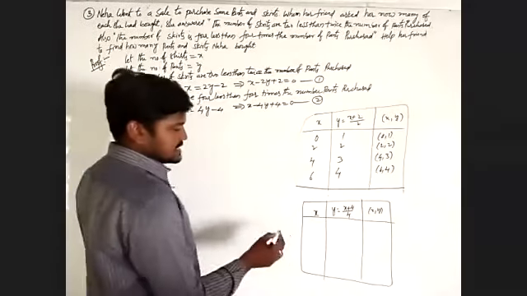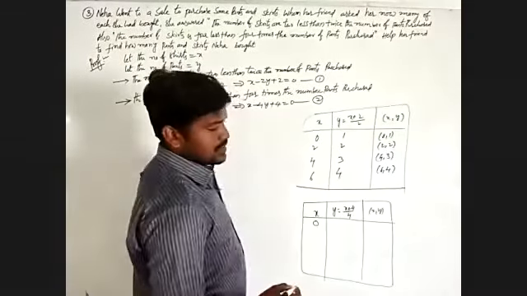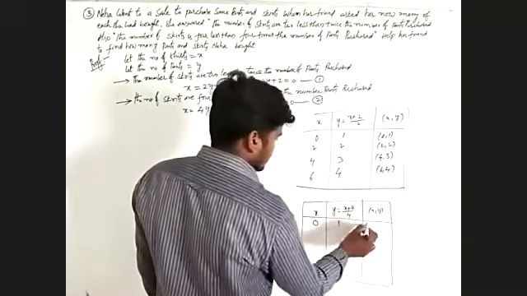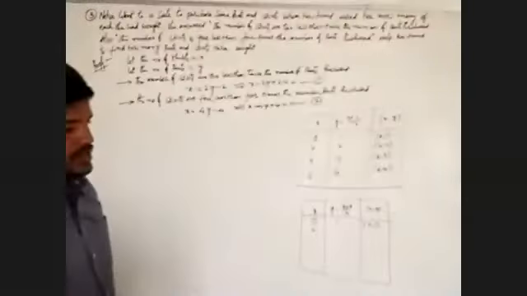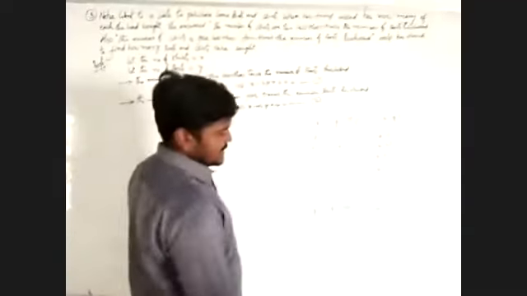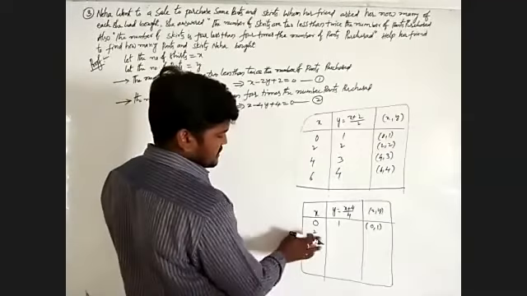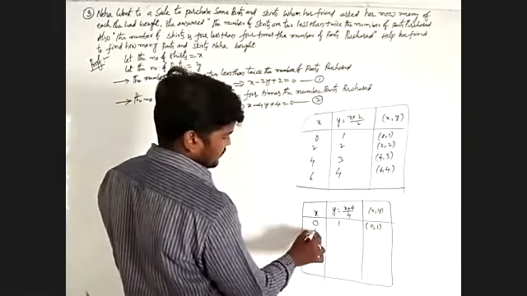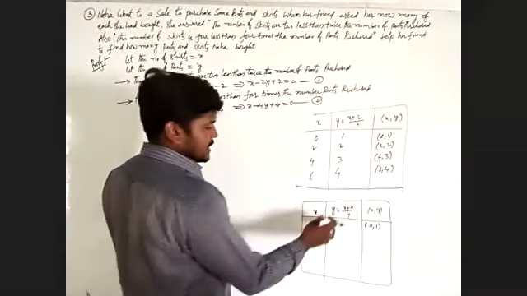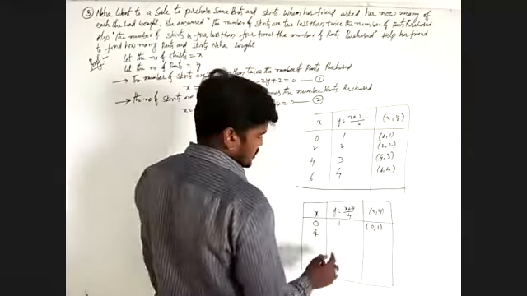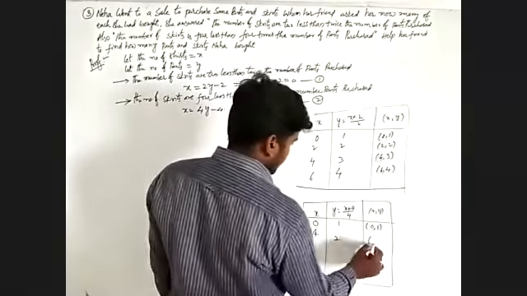There consider x is equal to 0. 0 plus 4 by 4 becomes 1. That we have to write as 0 comma 1. After that, x is equal to 2. 6 by 4 does not work, we have to take 4. 4 plus 4 is equal to 8. 8 by 4 becomes 2. That is the point 4 comma 2.